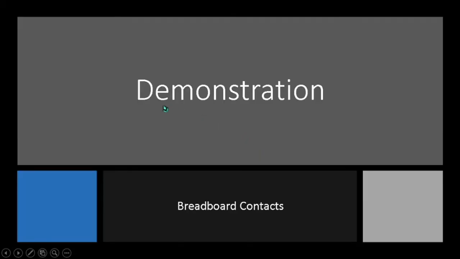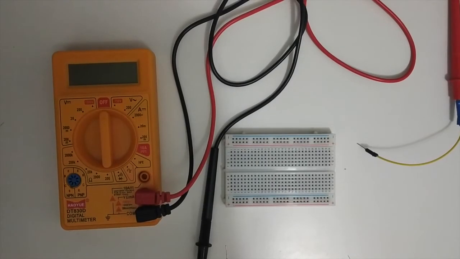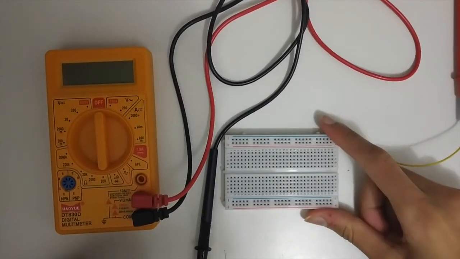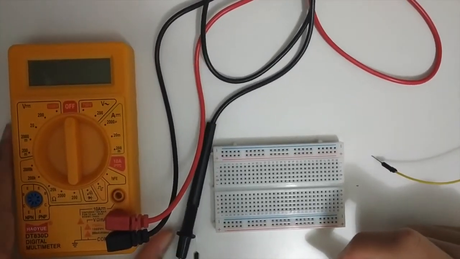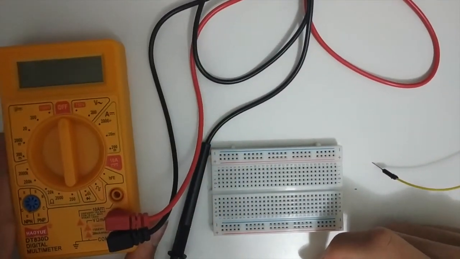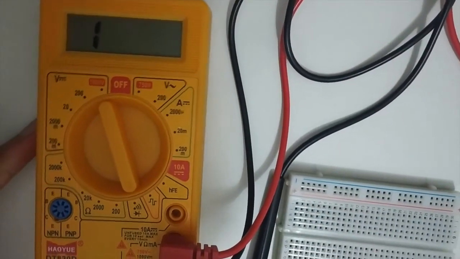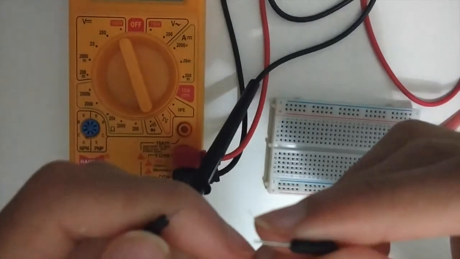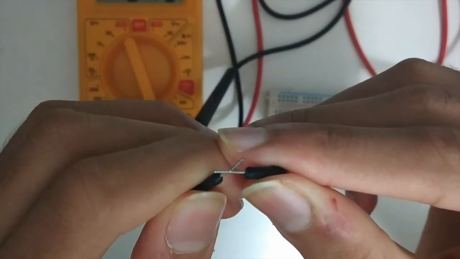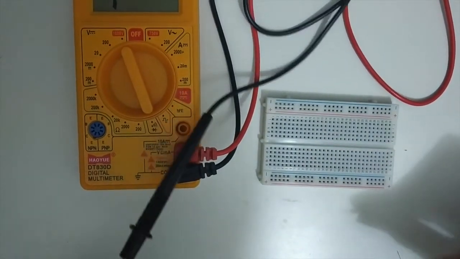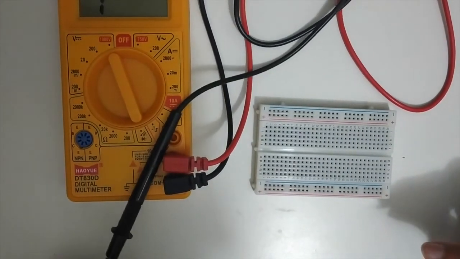Now I'm going to show you a demonstration where I show how the contacts work with a multimeter and the continuity between the slots of pins. To test the contacts and the conductivity in the breadboard, we can use a multimeter which has a conductivity setting down there, and that allows us to, so if I put these two pins together, we can see that they have electrical conductivity and a buzzer sounds.